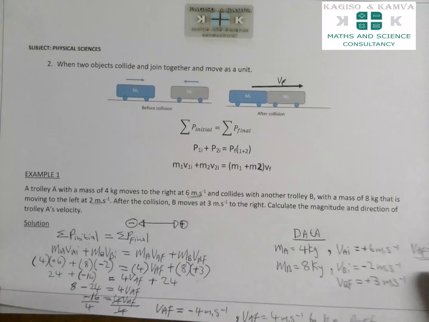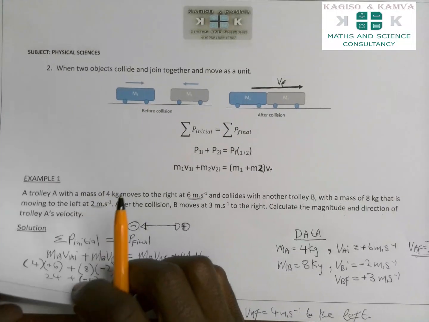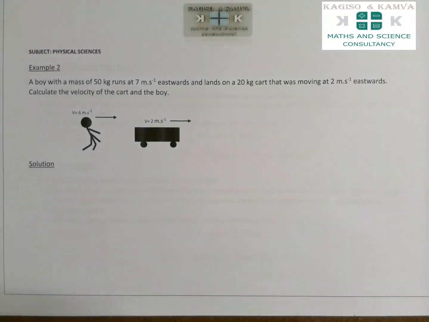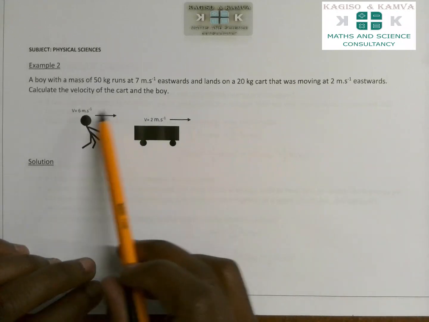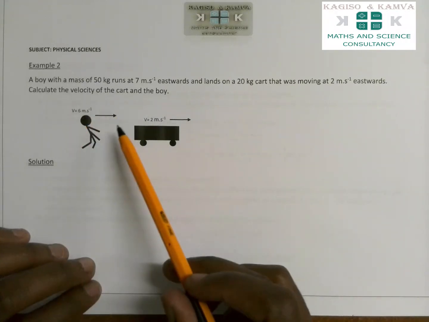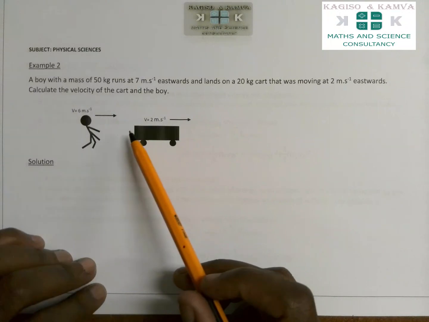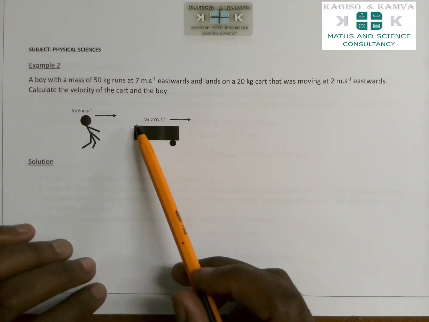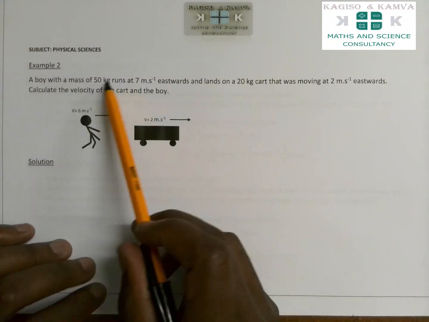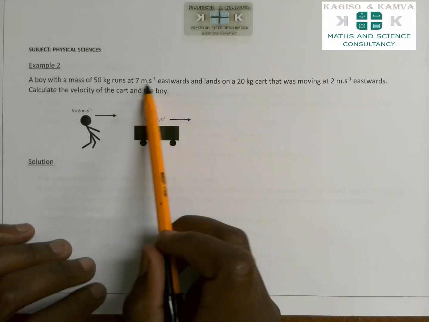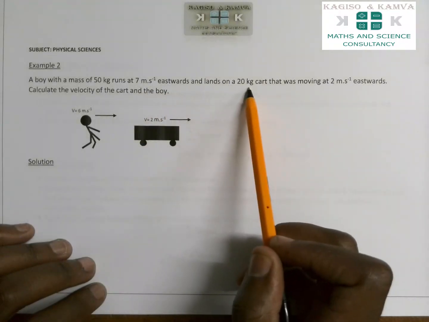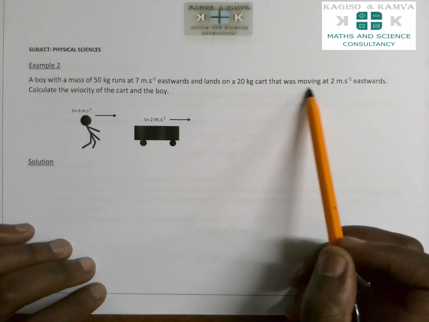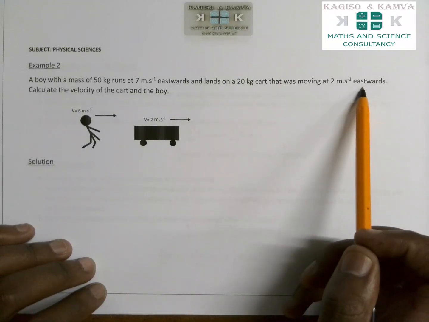Now let us do example 2. With example 2, we are still using the principle of conservation of linear momentum. A ball with mass of 50 kg runs at 7 meters per second eastwards and lands on a 20 kg cart that was moving at 20 meters per second eastwards.